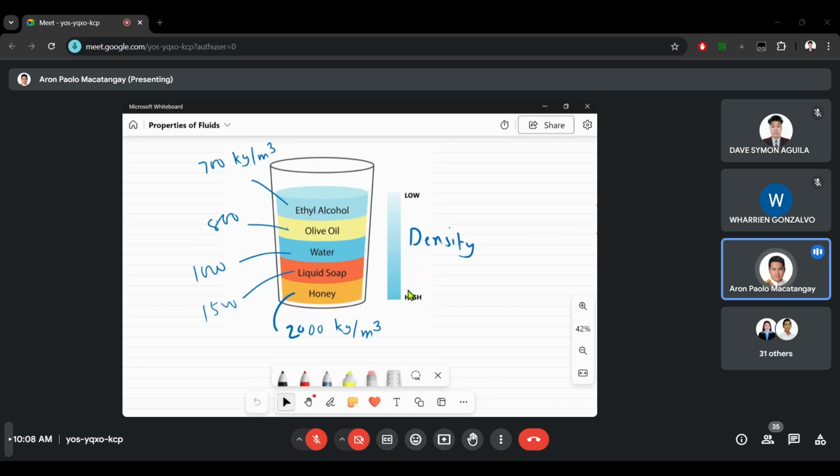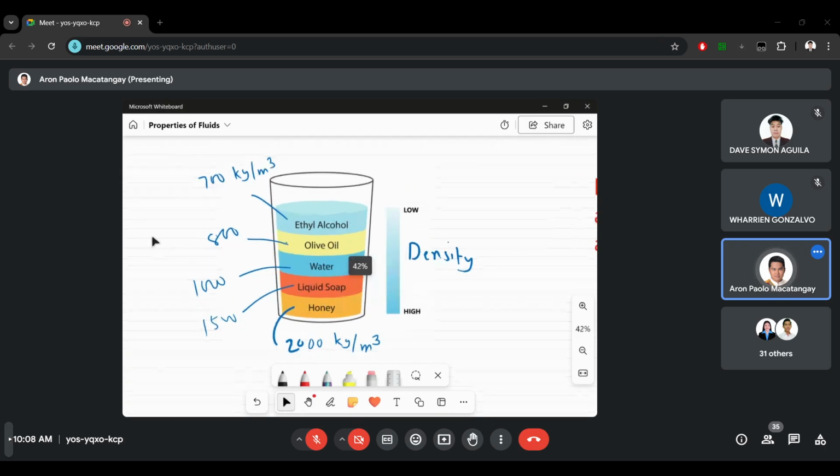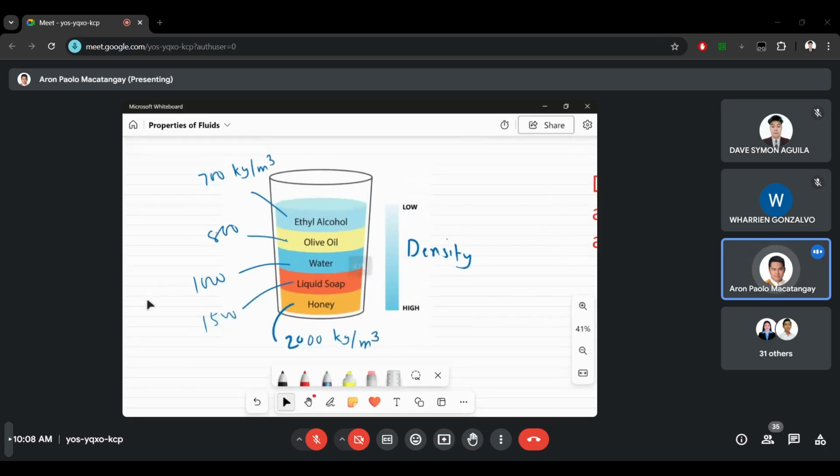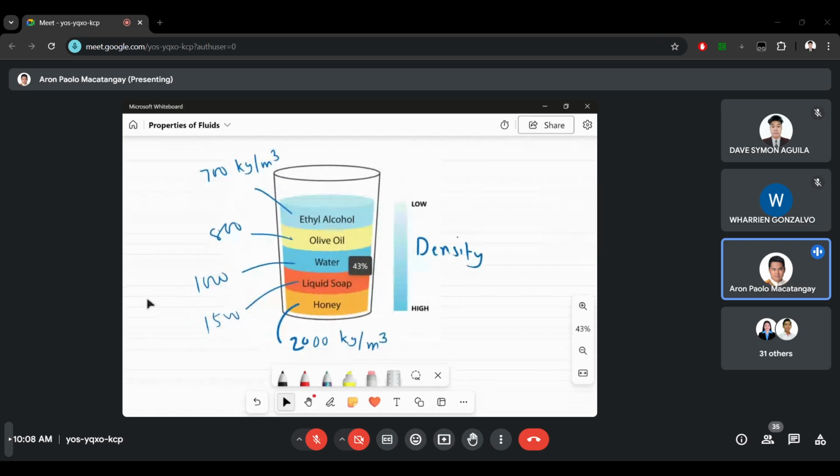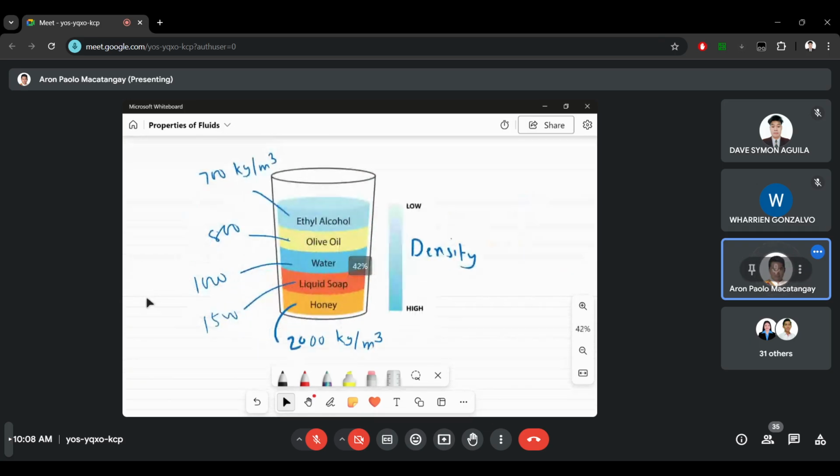So if you are asked to arrange the order of fluids in a container, then one key item to check is the density. The density should be in ascending order as you go down the container. We will have problems that require you to tell the order of fluids in a container, so use density as your guide.